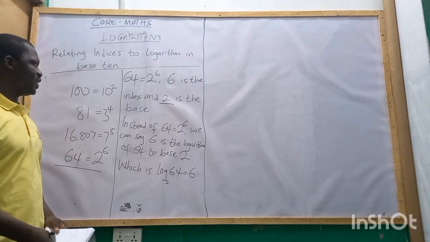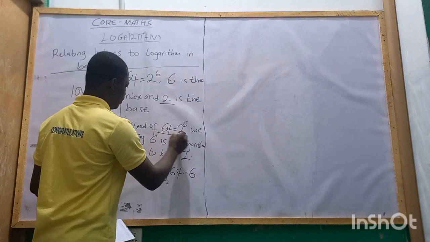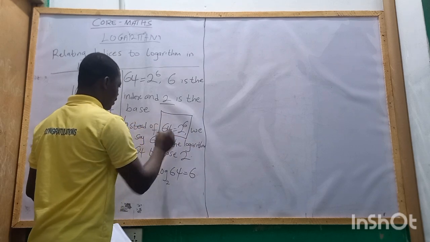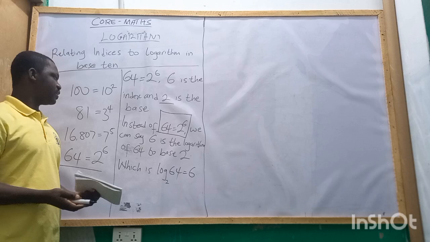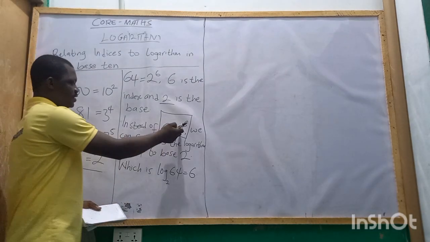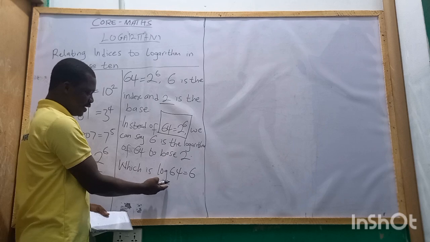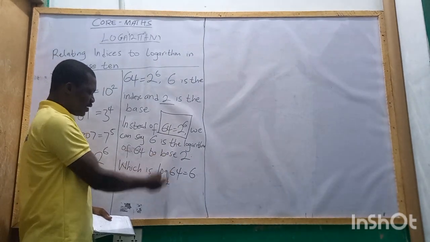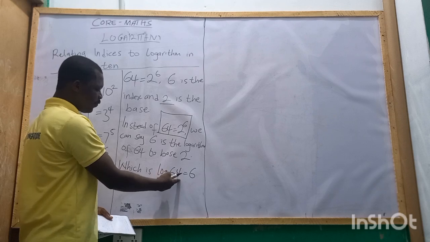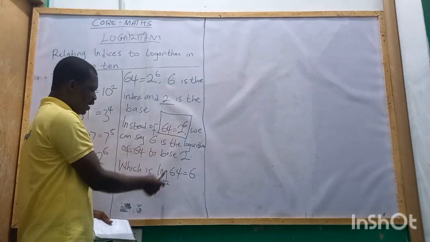So what we just did was take 64, which is equal to 2 exponent 6, with base 2. We will write the base here. When we read a logarithm, it is log 64 to the base 2. So we bring the base to where the base is.